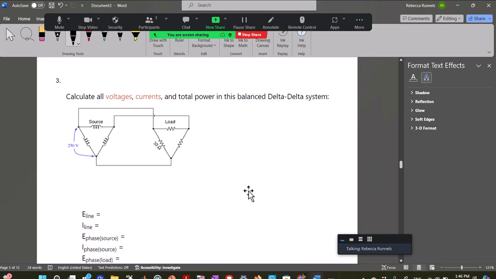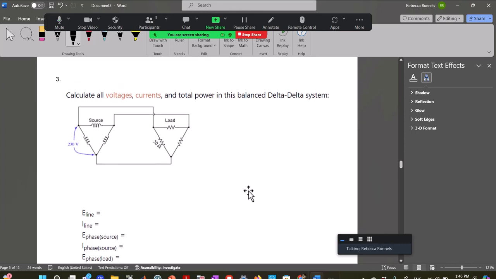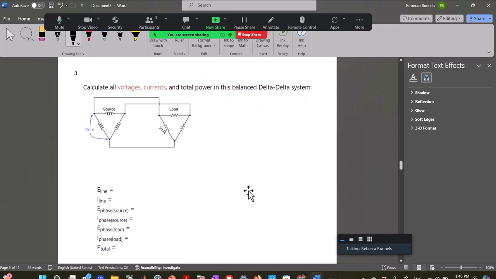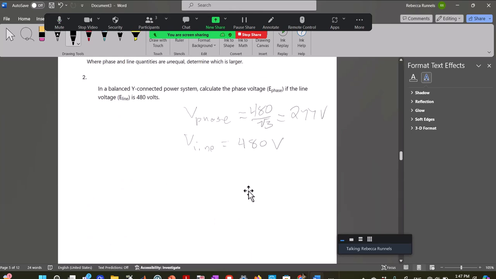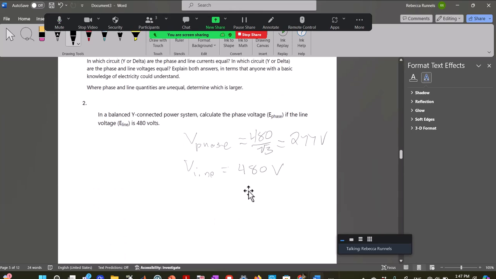Okay, so now, something like this, maybe. So I've got a network, so it's a delta-delta network, so you can have delta-delta, Y-Y, delta-Y, Y-delta, with one side the source and the other side the load.